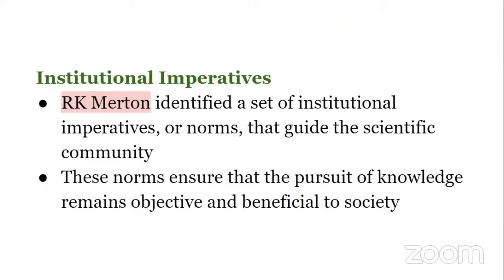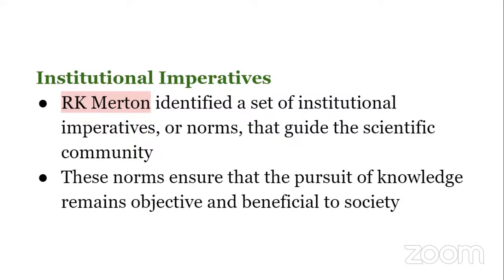To answer this question, you should know what institutional imperatives are. R.K. Merton identified a set of institutional imperatives, similar to certain norms which guide the scientific community, or which would guide the process of research.